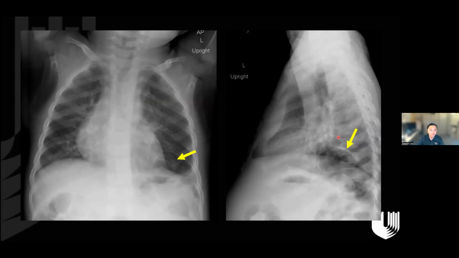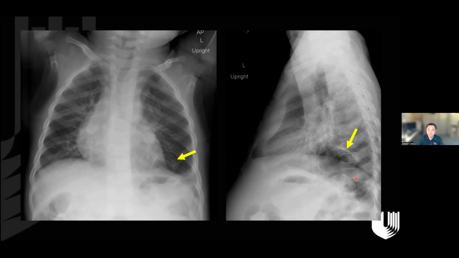Similarly, you can have abnormal findings post-repair, especially if there's some scarring within that area. This is an example of a patient following left-sided diaphragmatic hernia repair with these accessory lucencies and linear opacities on the left lung base, commonly seen following repair. The thing that provoked our attention was this rounded lucency on the lateral view.